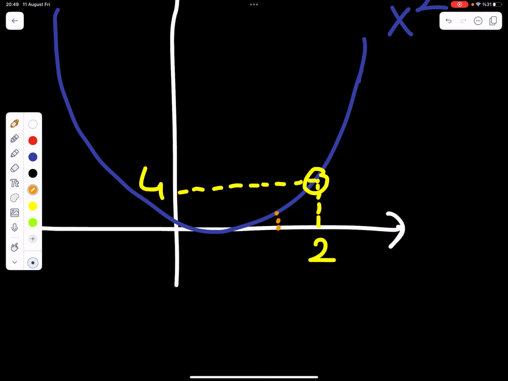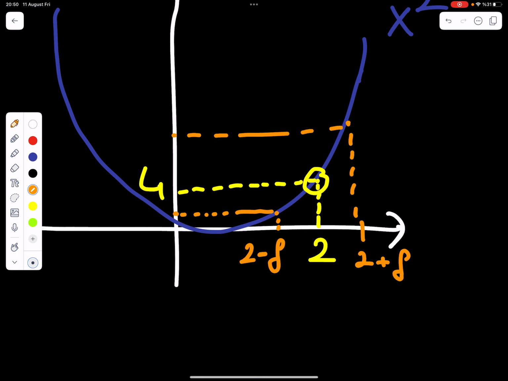We can say here 2, okay, 2 minus delta. Wait, like this. Why did I draw this graph this badly? I don't know. Like here 2 plus delta, and this is here. This is 4 plus epsilon, and here is 4 minus epsilon.